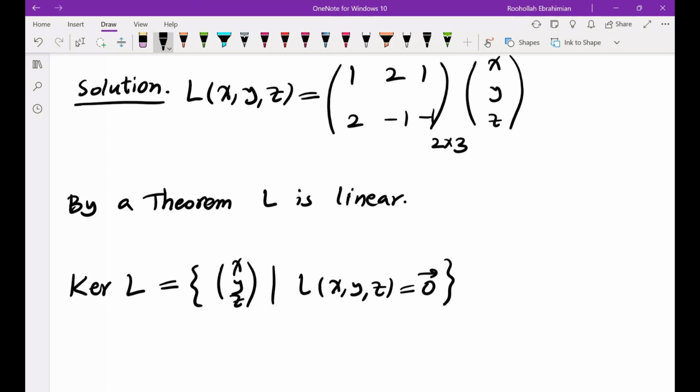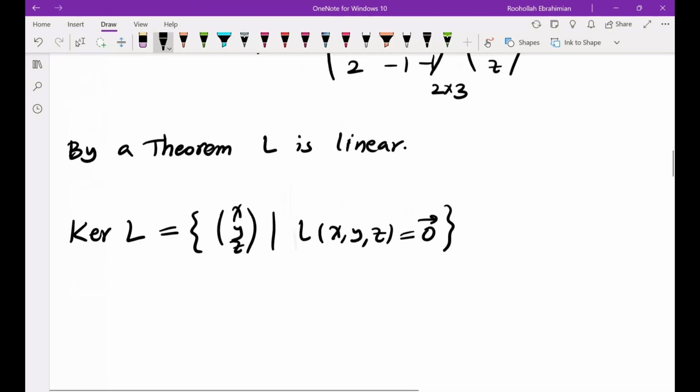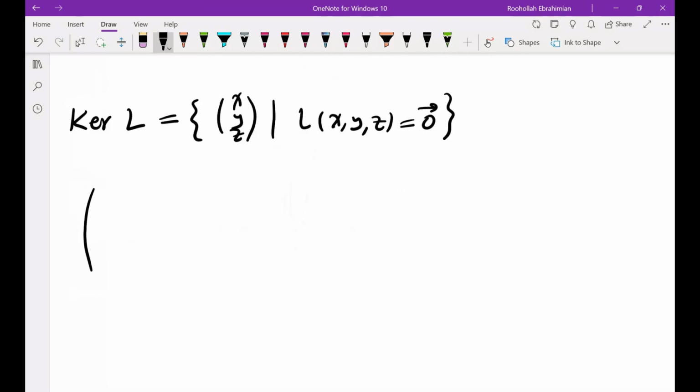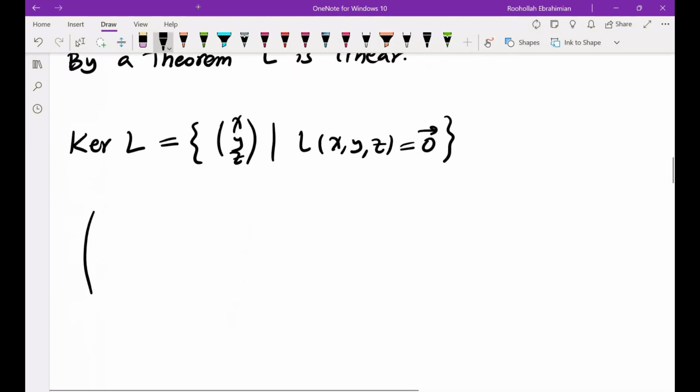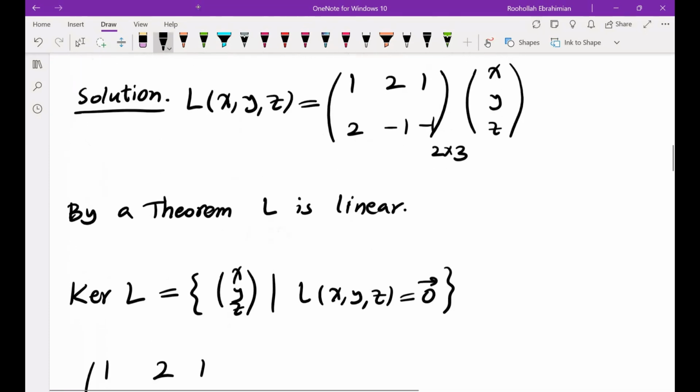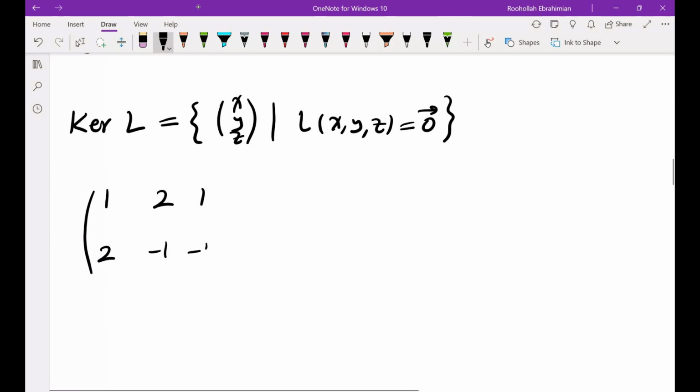It means we're trying to solve a system of equations, with this augmented matrix. As usual, when you have homogeneous systems, we're going to ignore the last column, and we're going to row reduce this.